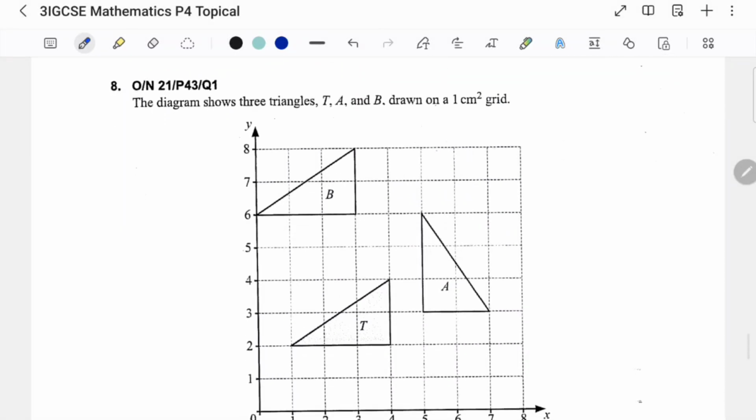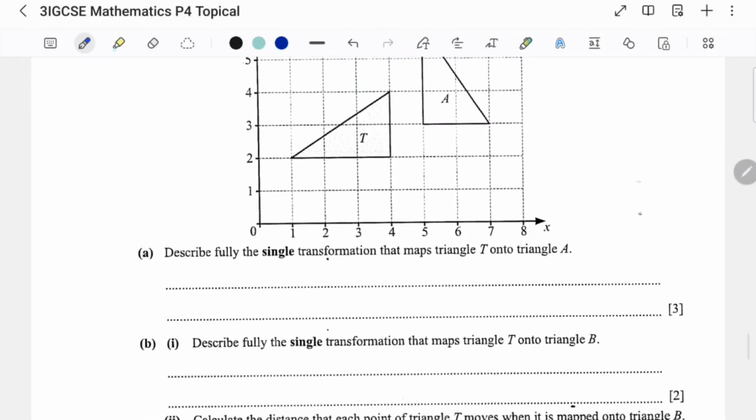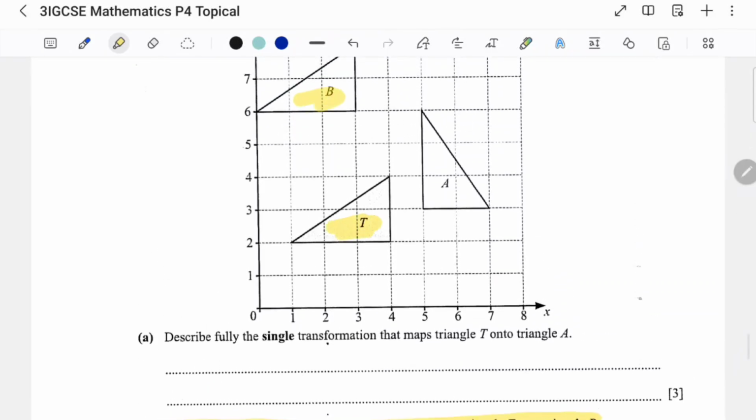Let's do this question. This is October/November 2021, paper 4 3, question 1. We are going to do part B. In part B, describe fully the single transformation T onto B. So I can see this T and B there.